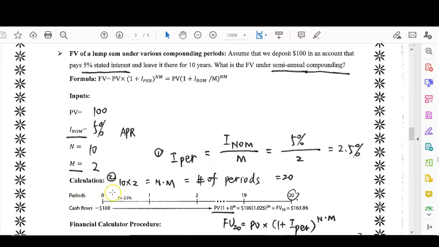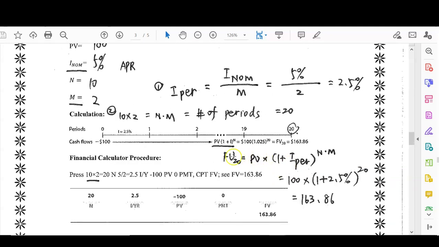Conversion number 2, we use number of years, 10 years, multiplied by number of compounding periods per year, which is 2, multiplied by M. So our total number of periods becomes 20. We have 20 periods here, 20 half years. If we want to use the formula, we use the present value 100 multiplied by 1 plus periodic rate 2.5% to the power of 20.